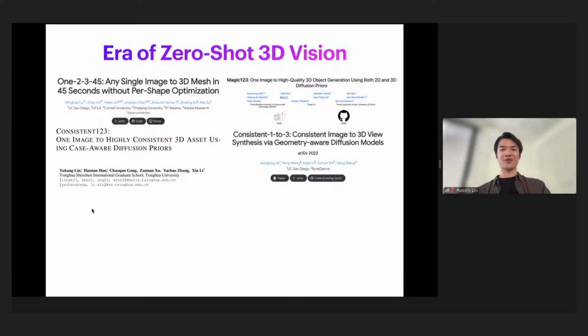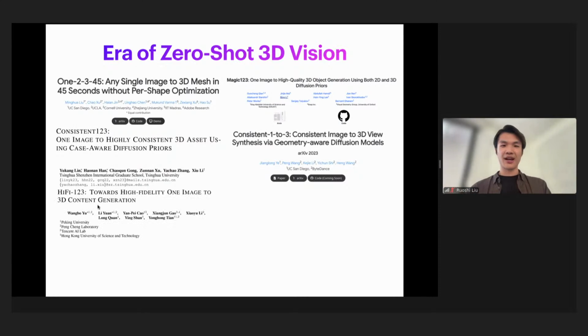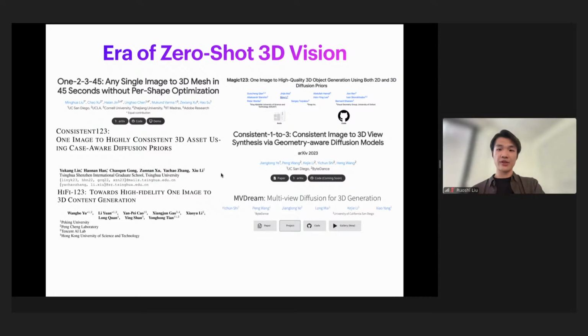Apparently they also had the same question, and at ICLR this year they want to address this problem; it's a concurrent submission. There's HiFi-123, which tries to improve the fidelity of our framework. There's MVDream, where you can diffuse multiple views at the same time from a single image, which improves the consistency as well as the efficiency.